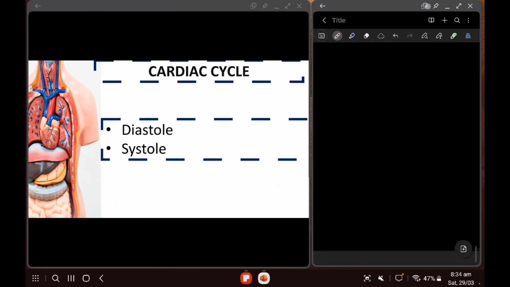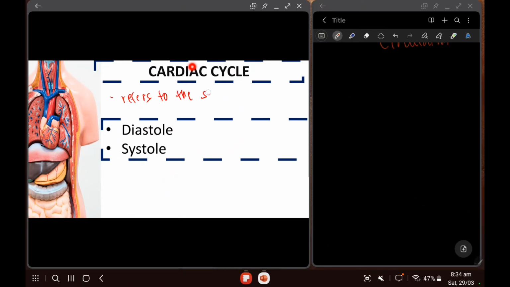Then, we have the cardiac cycle. We have diastole and systole. The cardiac cycle refers to the sequence of events that occurs during one heartbeat.